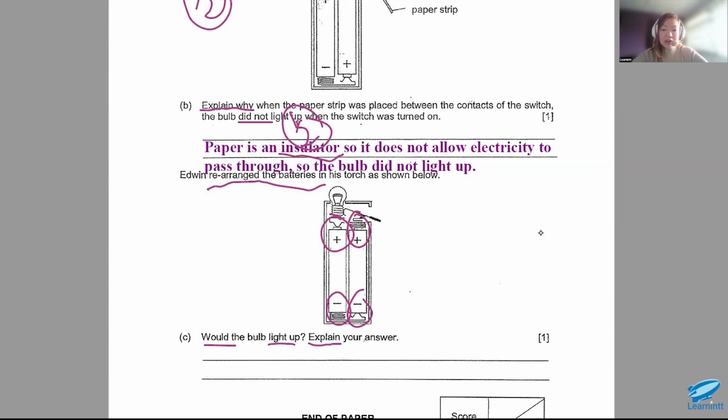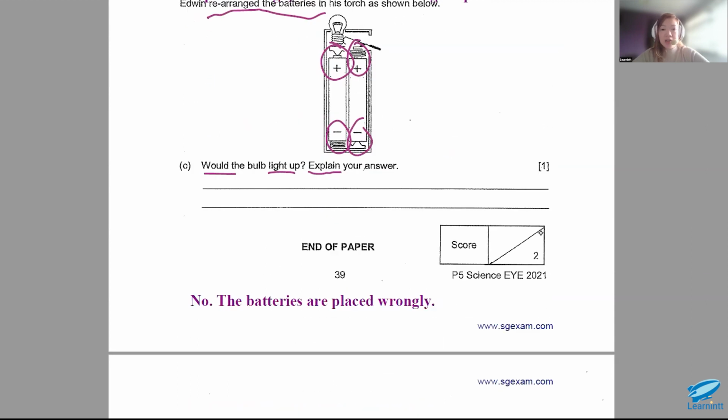So it's very easy. Answer is no. Explain: the batteries are connected wrongly. The ends of the battery are at the wrong ends of the torch. So no, it will not light up, because the batteries are placed wrongly.